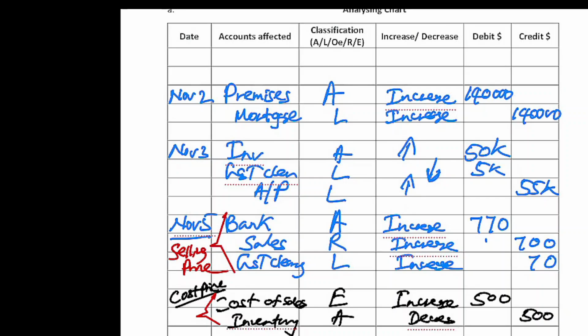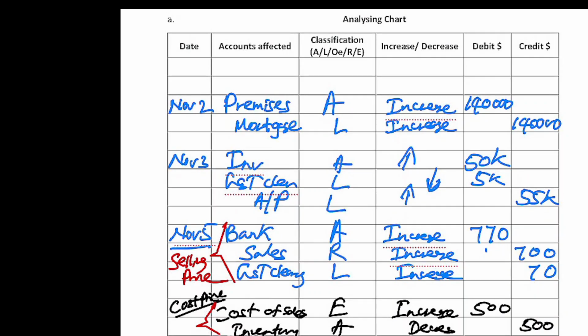Negative owner's equity means actually it is debit or credit? Debit, actually. Why?